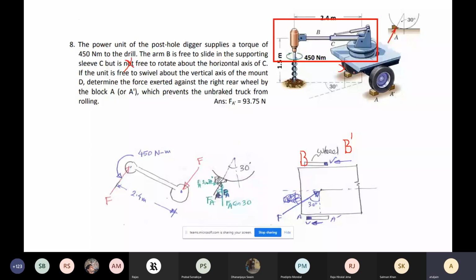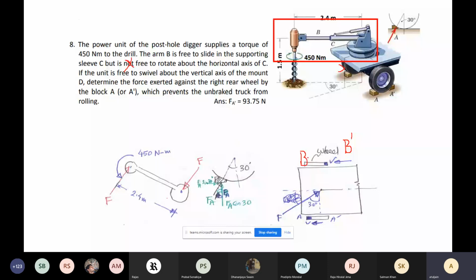Now, due to the force that we are applying, the wheel is going to lose contact with A prime and B. So there will be no reactions there. It will be only at A and B prime or vice versa. At the same time, because we are applying a torque, there cannot be reactions at both A and A prime. It is going to be one of the two. I am assuming it will be at A and B prime.